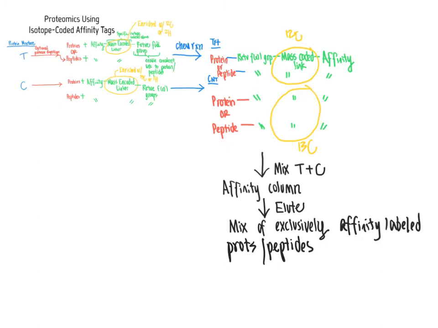And then at that point, the mixture has been simplified enough by virtue of separating away and discarding all the non-affinity labeled molecules so that this can be subject to mass spectrometry.